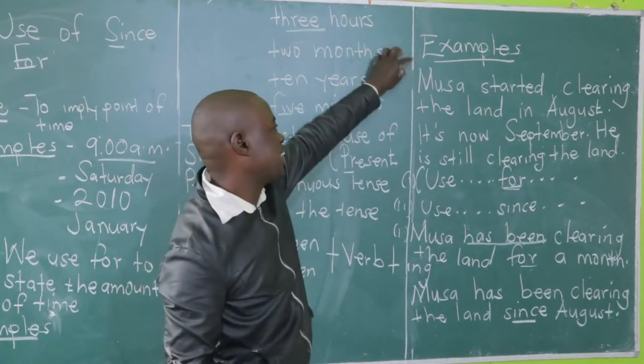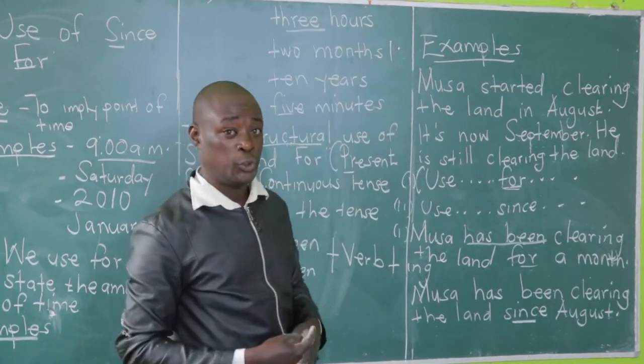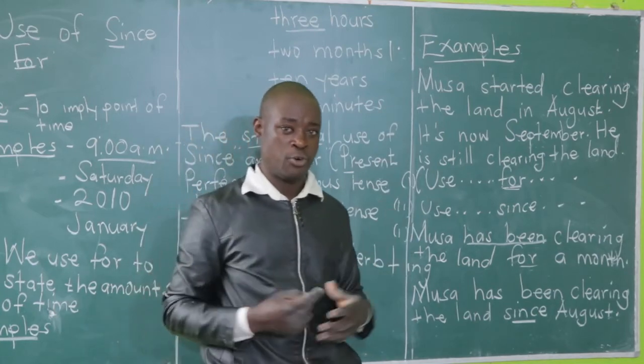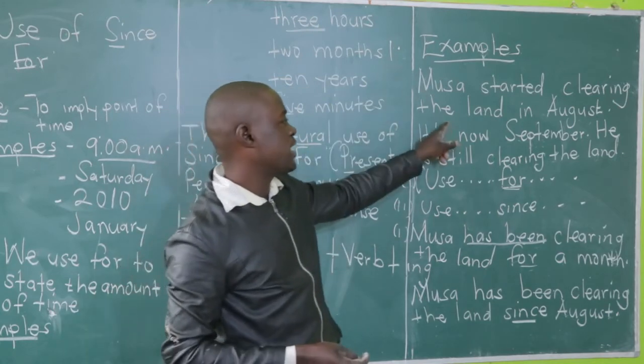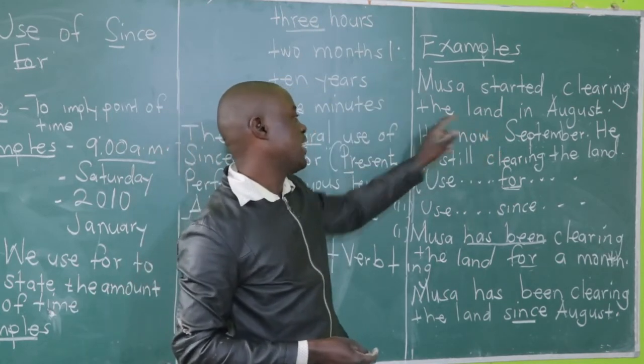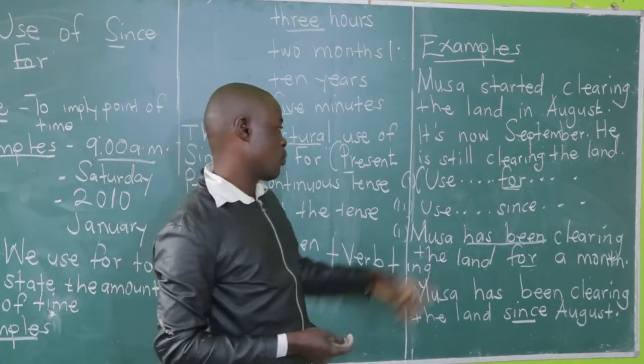Let's read again. Example 1. I'm going to give one more example and a few questions for you to try out on your own. So let's look at this. Musa started clearing the land in August. It's now September. He is still clearing the same land. We are using for.